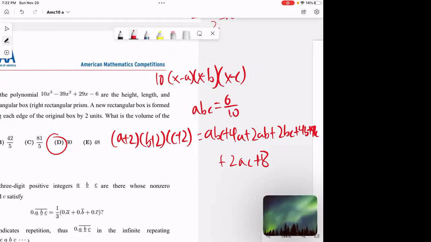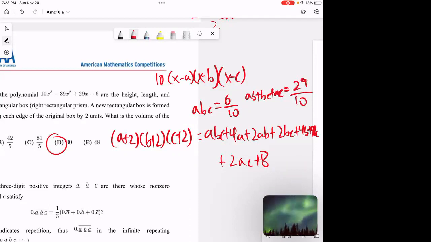And then we also have the x term, which is going to be 10x times BC, 10x times AB, 10x times AC. So that's the x term. So 10 times AB plus BC plus AC. So AB plus BC plus AC equals 29 over 10.